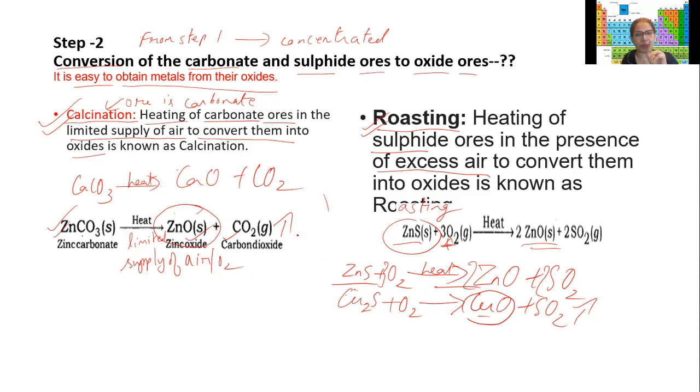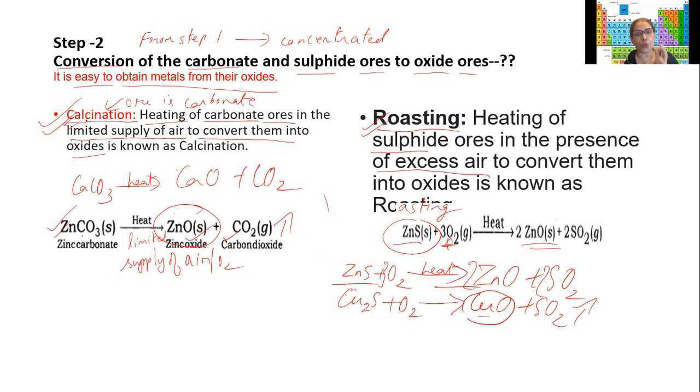So I repeat, step number 2 is conversion of the carbonate or sulfide ores to their oxide ores. There are two methods. If it is a carbonate ore, we use the method of calcination.